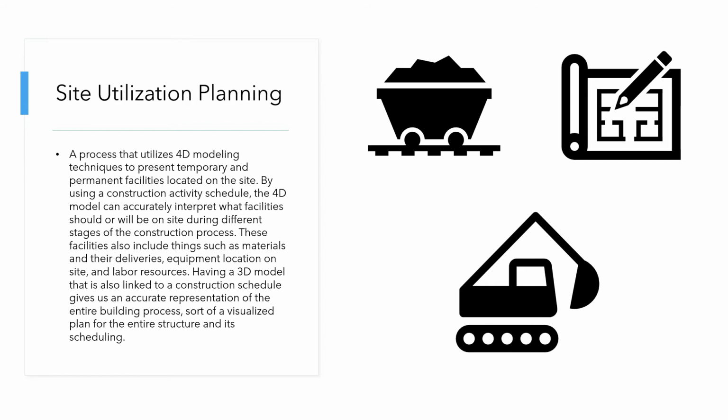These facilities also include things such as materials and their deliveries, equipment location on the site, and labor resources. Having a 3D model that is also linked to a construction schedule gives us an accurate representation of the entire building process, sort of a visualized plan for the entire structure and its scheduling.